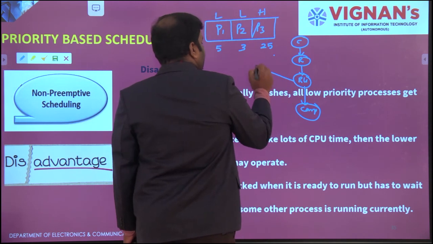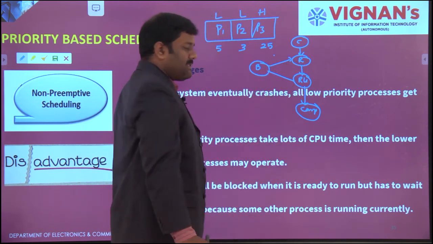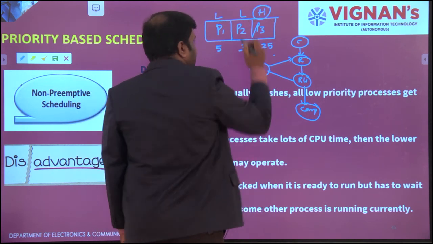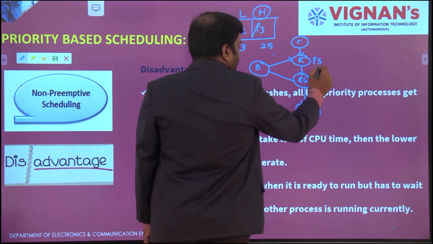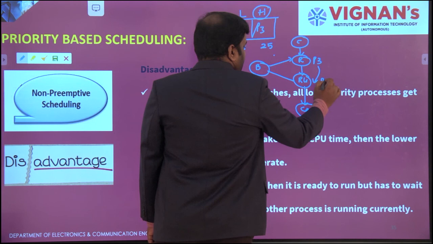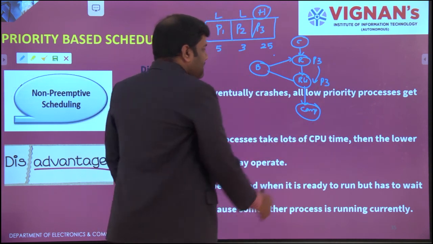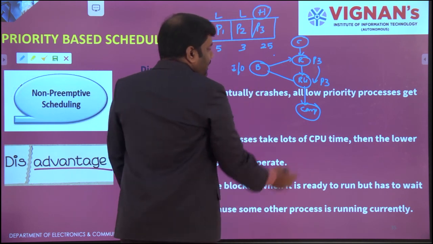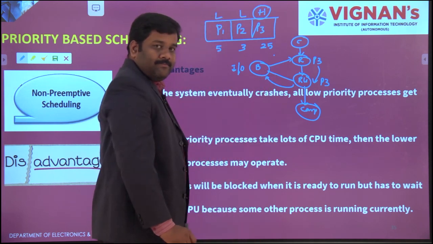When a process is running, there is a chance of a blocking state, right? This is our procedure. For example, I start with the high priority task P3. P3 comes to ready state and then goes to running state. While P3 is operating, somewhere P3 needs I/O support, input and output device support. Then obviously P3 moves to blocking state.